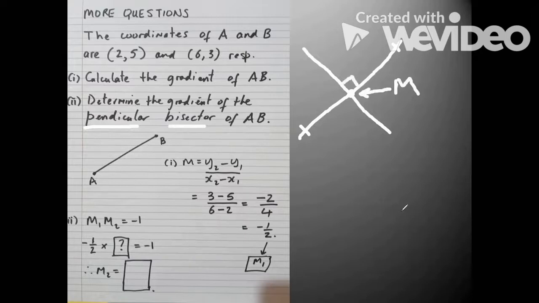Now, you could have another line like this. Let's say you have another line like this. You could have a perpendicular line like that. So this is a perpendicular line to this line, but it wouldn't be what we call a bisector.